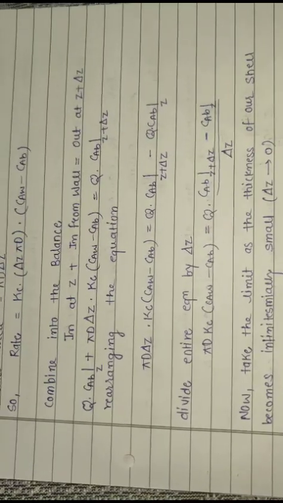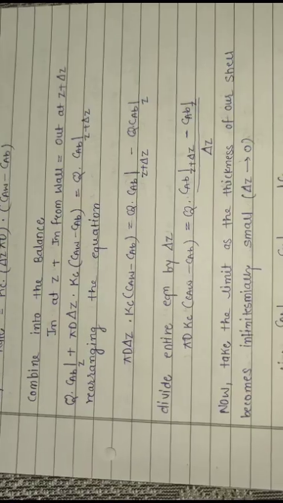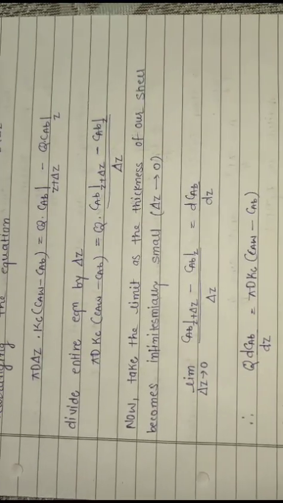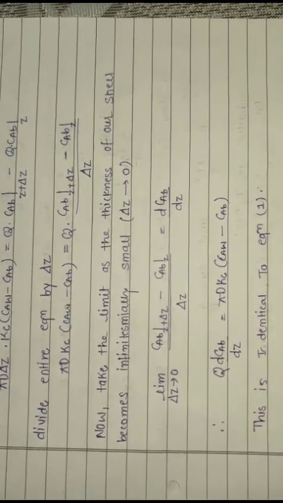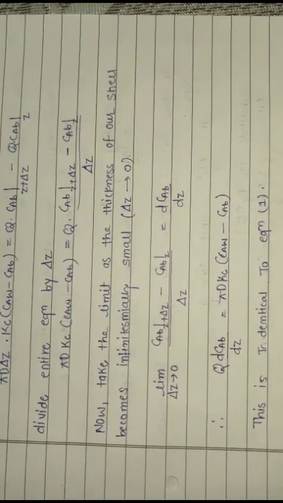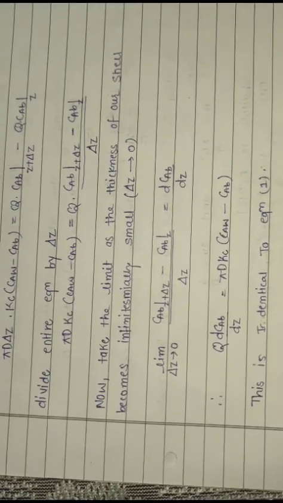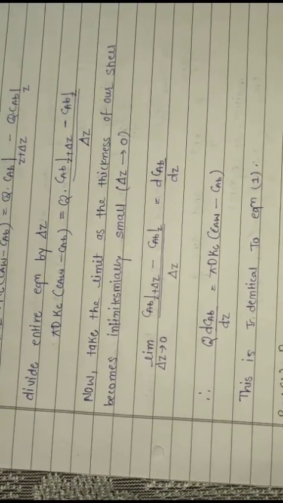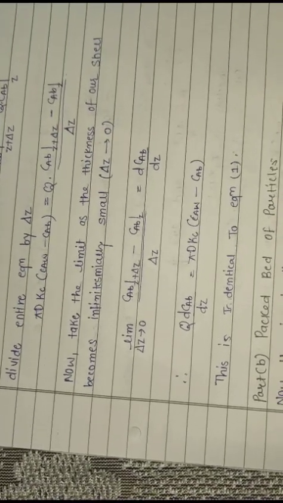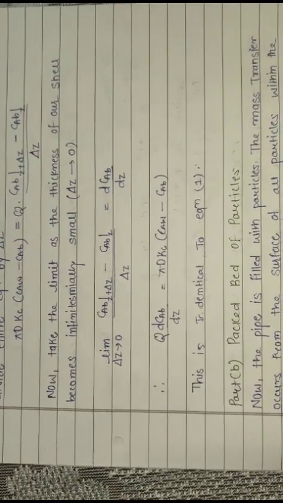After rearranging the equation, dividing it by delta z, and integrating, we will get the final equation, that is Q delta CAB by delta Z equals pi d times Kc times driving force, which is identical to equation 1.